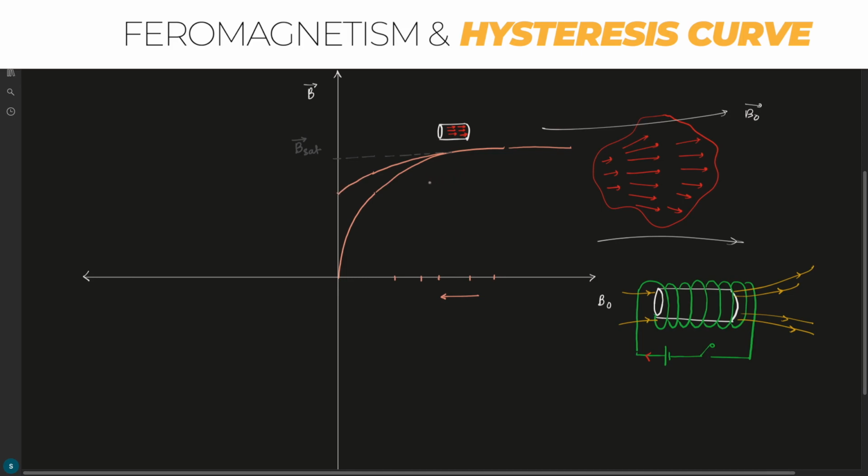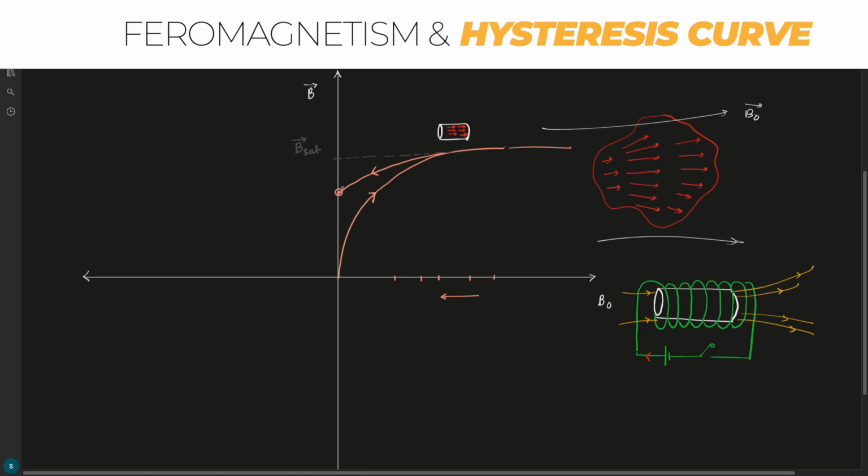Now what is this point? You'll be able to see that the curve is going in this direction and the curve is coming back on some other path. What that means is that the curve is not going back to its original state with zero internal magnetic field, but it is hitting at some point on the y-axis.